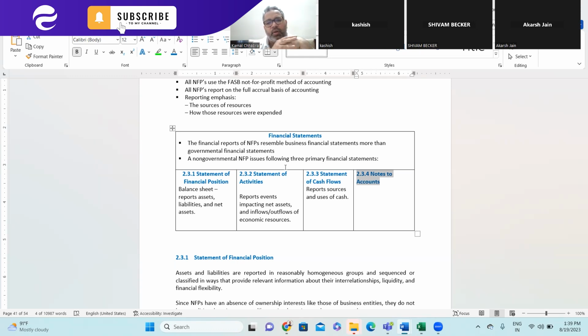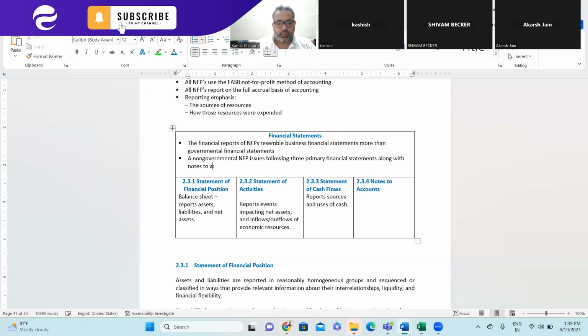A non-governmental not-for-profit organization issues the following three primary financial statements along with notes to accounts, which is like an explanation of those financial statements.